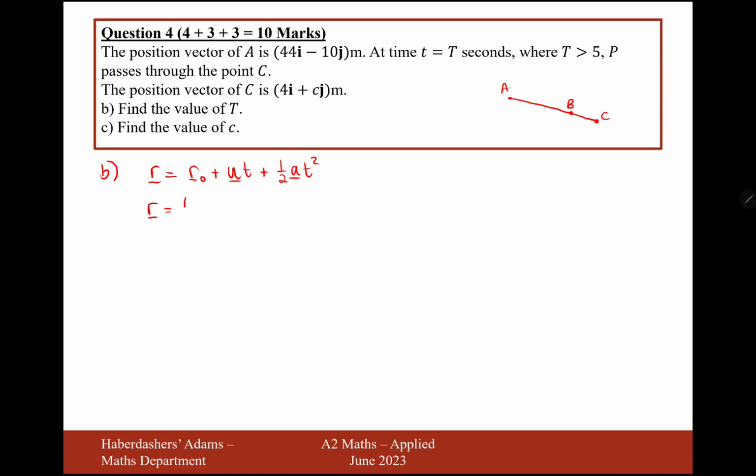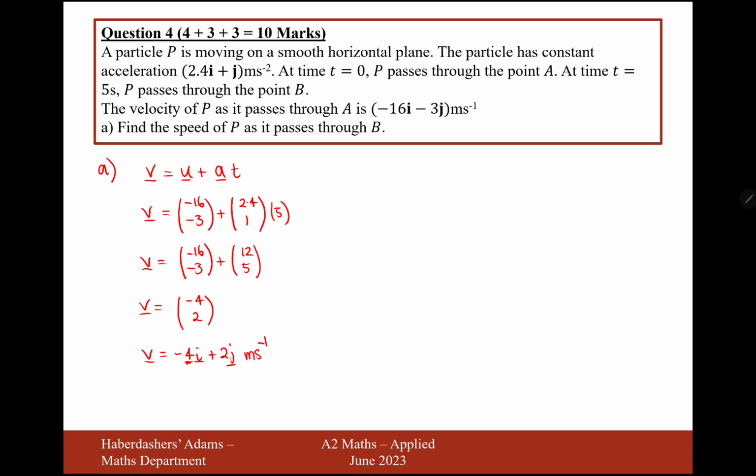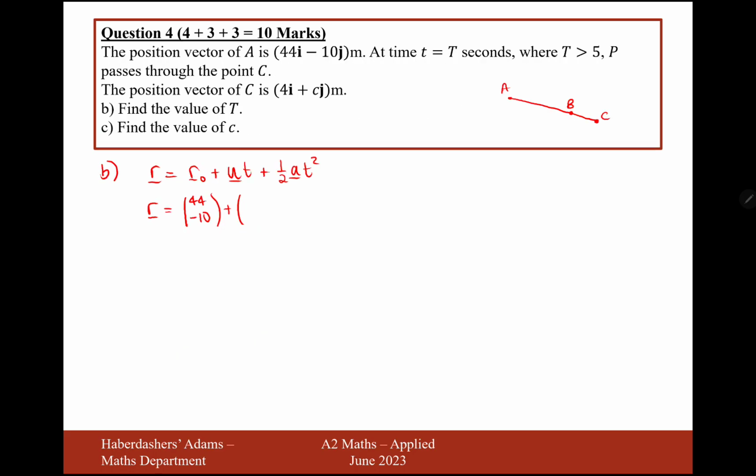We now know its starting position, which is 44, minus 10, add that starting velocity, which was, if I go back, minus 16 and minus 3, times t, add half of 2.4, 1, t squared. Excellent. So that is the formula.